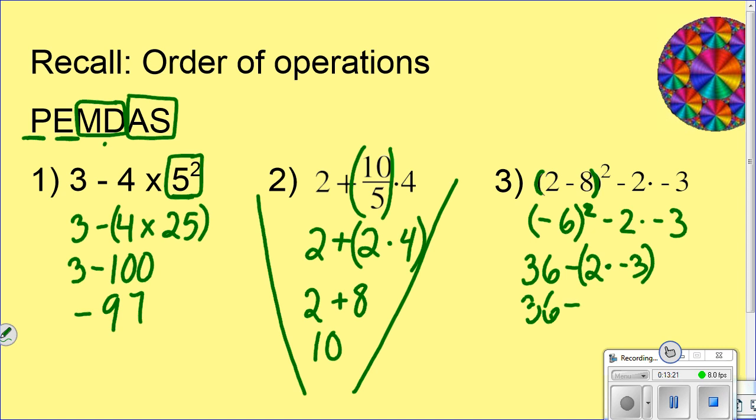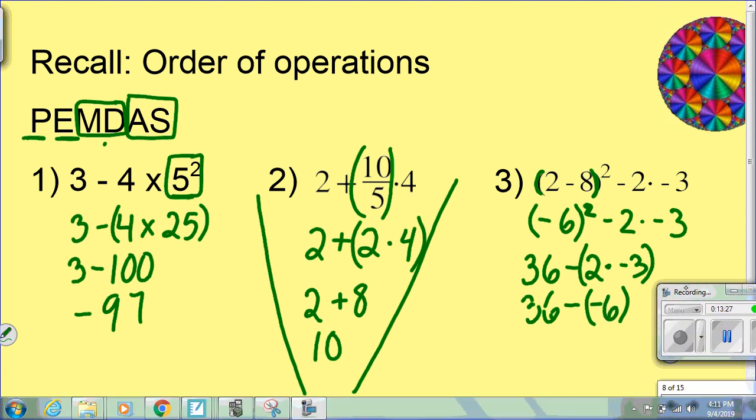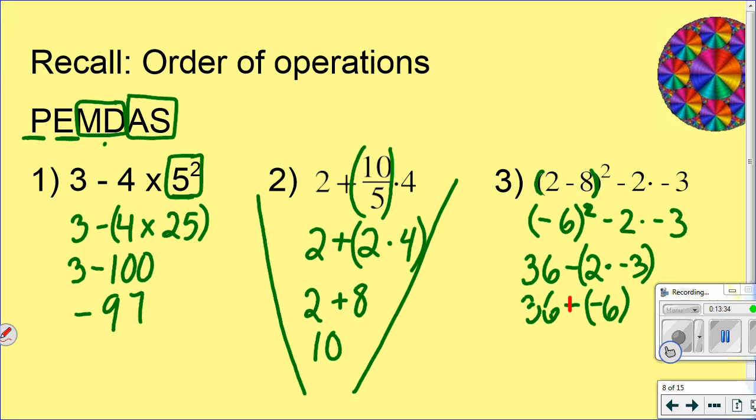So minus, and inside those parentheses is a negative 6. All right, and finally, I have 36 minus negative 6. Minus a negative is the same as plus a positive. So 36 plus 6 is going to give me a final answer of 42.